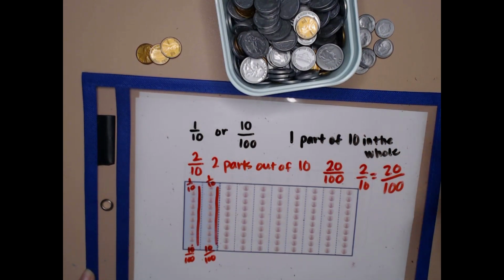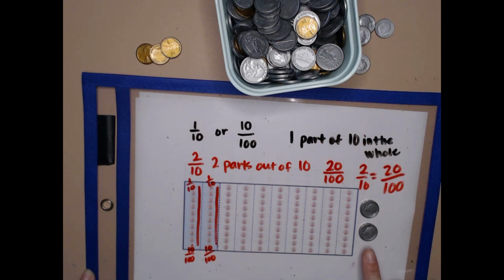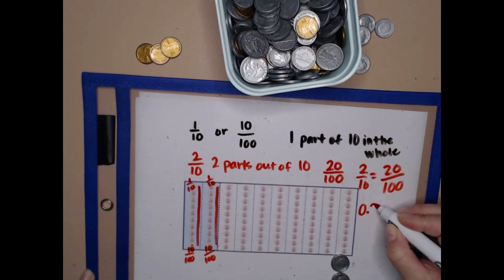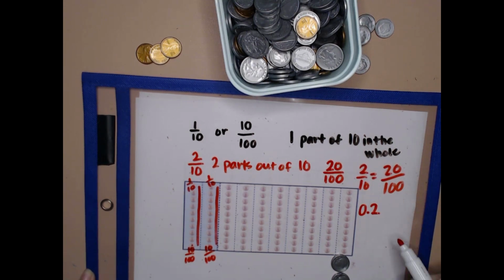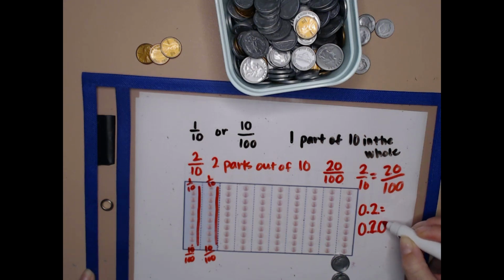And we know that to be true because if I were to use 2 dimes, how many pennies would be in 2 dimes? We would have 20. So then we know that $0 and 2 dimes, which is $0 and 2/10, is the same as $0 and 20 pennies.